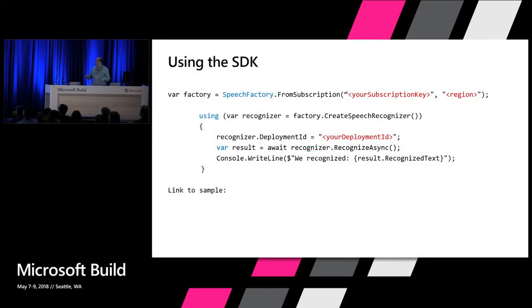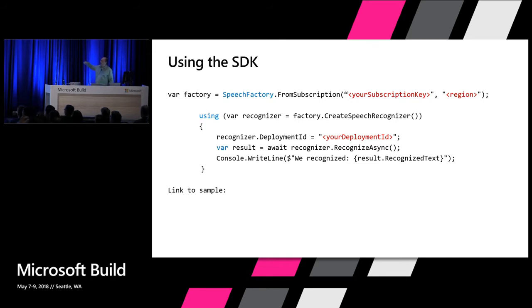From the SDK, it's very simple to stream audio to the endpoint. All you need to do is instantiate your speech factory with your subscription key and the region information that you saw on the endpoint we created. You instantiate a recognizer. This will instantiate a recognizer for a microphone.